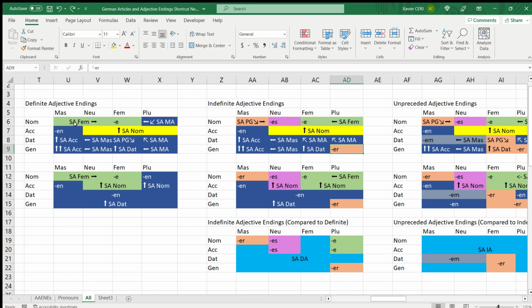So it'd be der nette Mann, ein netter Mann. Netter. Am I making that clear enough? Am I distinguishing enough nette versus netter? I hope that's decent enough.